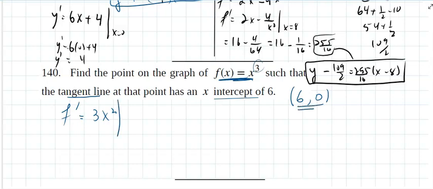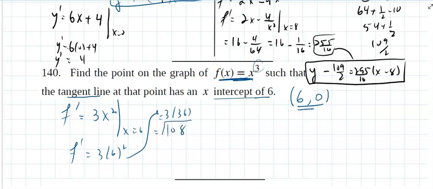Well, if I want x to equal 6 at that one point, that would be 3 times 6 squared. That is 3 times 36. And what is that? 108.